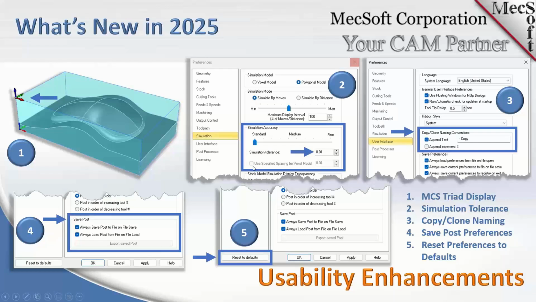If you're in the Express configuration, you don't have the polygonal simulation model, you only have the voxel model. So if you're in the Express, you'll see this value down here at the bottom. You specify spacing for voxel model. If you're above Express, you get the advanced polygonal model, and you'll see this value right here.